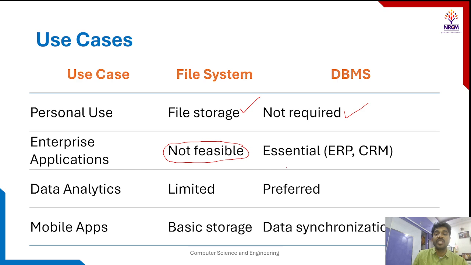But for ERP and CRM kinds of applications, the DBMS is essential, right? And data analytics: we cannot provide data analytics effectively with files, but here you are going to prefer the DBMS. And mobile applications: the file system will provide basic storage, but here there is data synchronization with the application.